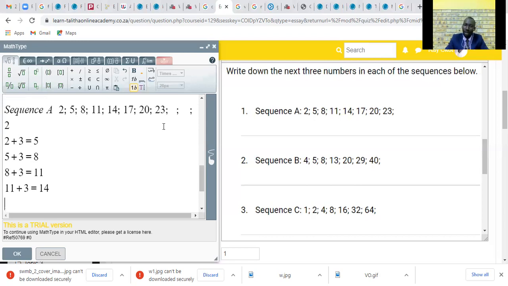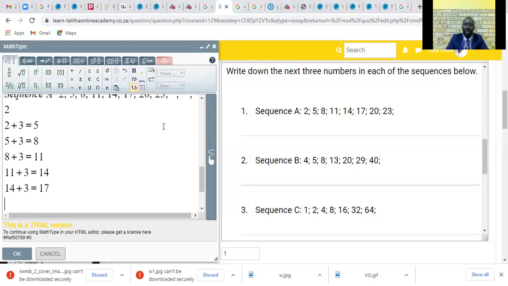Or we could take one step at a time and be like, well, onto 14, let's add 3. That will give us 17. And onto 17, let's add 3. And that would give us 20. And onto 20, let's add what? Let's add 3. That would give us 23.